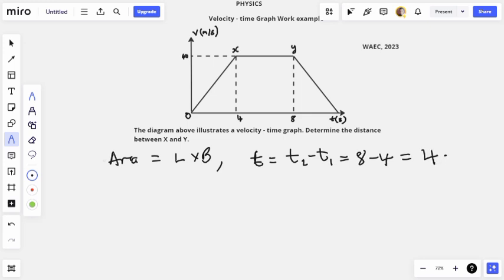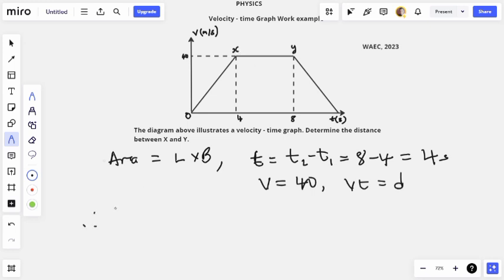And then our breadth, which is represented by velocity. As you can see, the height on the velocity side is 40, which is v equals 40. And of course, we know that velocity times time equals distance. So we are trying to find the distance between x and y.